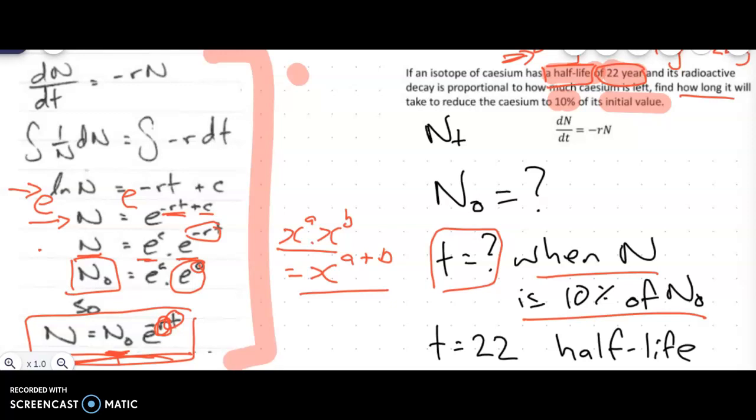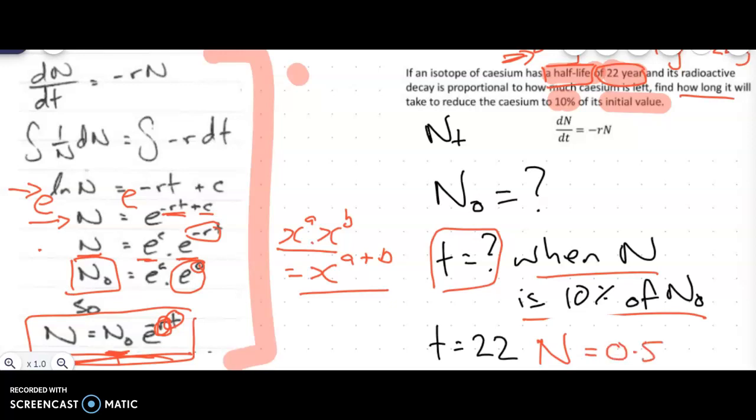So what that means is if it has a 22-year half-life, that means we can write when t is equal to 22, the amount of cesium, which is n, is equal to half, or 50%. So how do we find half or 50%?